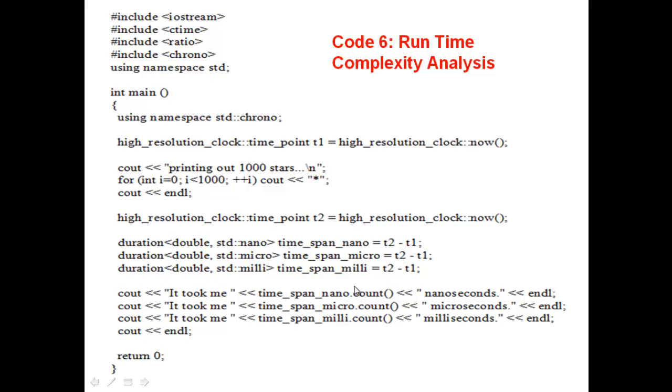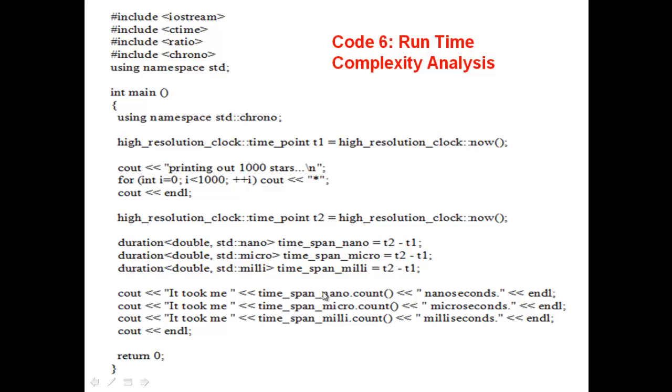Then you can print out the time it took in milliseconds, microseconds, and nanoseconds. Now, how do you do that? On this object, time_span_nano, you call the count function. This is an object of class duration. In whatever time unit you want, you can then call the count function on that object. Again, this is some object name you could come up with, of class duration.